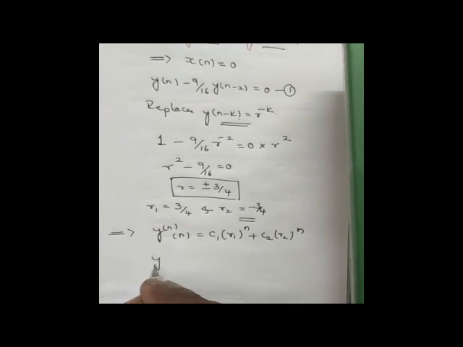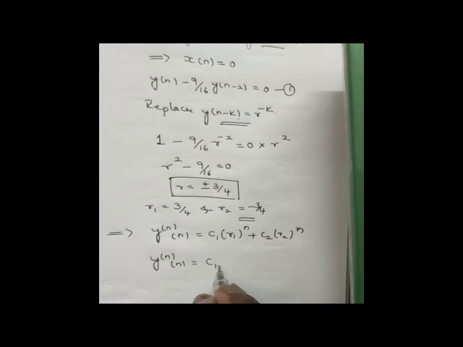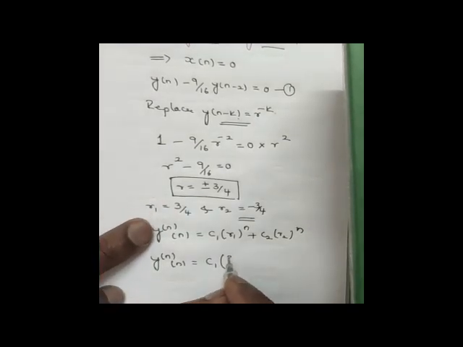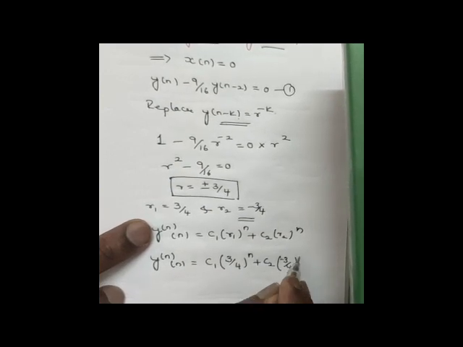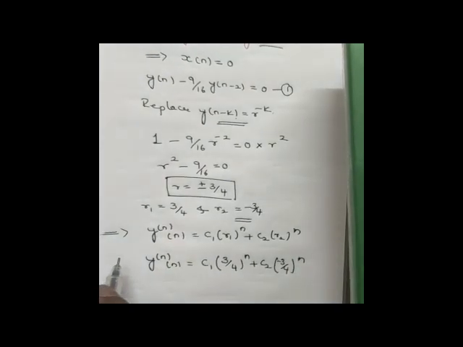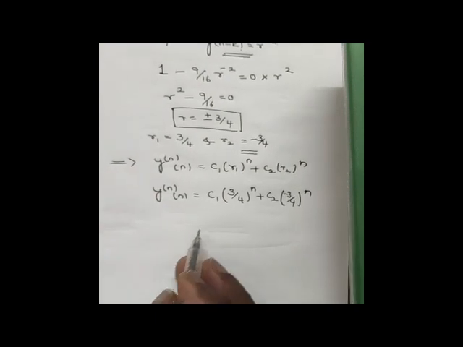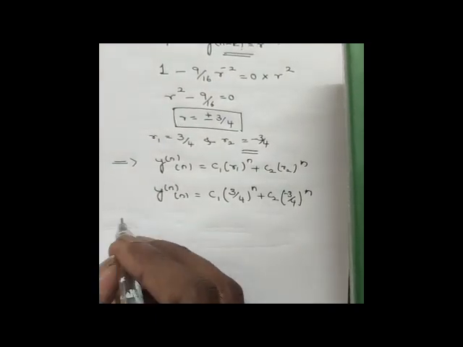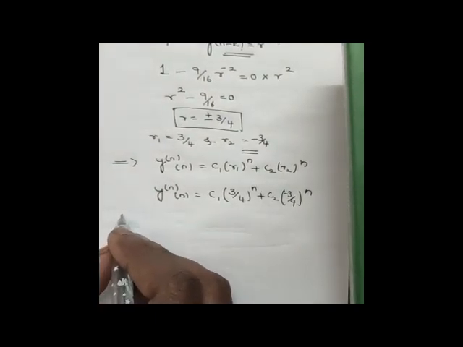Therefore, y natural of n is equal to c1 into 3 by 4 all to the power of n plus c2 into minus 3 by 4 all to the power of n. Next, we need the values of c1 and c2, so we need to go for the initial conditions in order to get that.